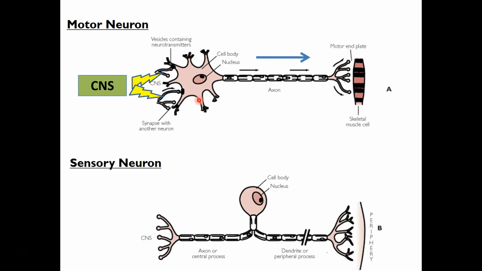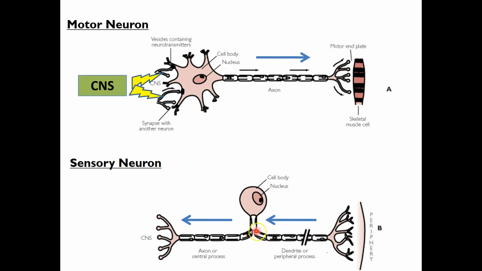In contrast, sensory neurons are traveling in the other direction, so we're taking information from the periphery to the center. But also, these cell bodies containing the nucleus actually have several peripheral processes.